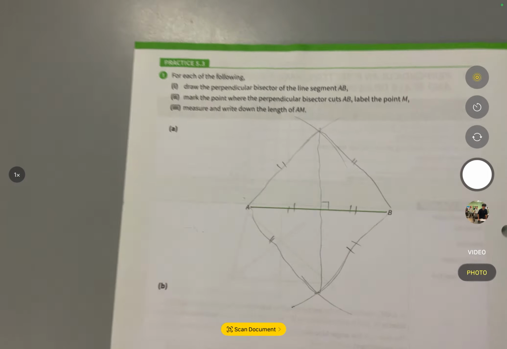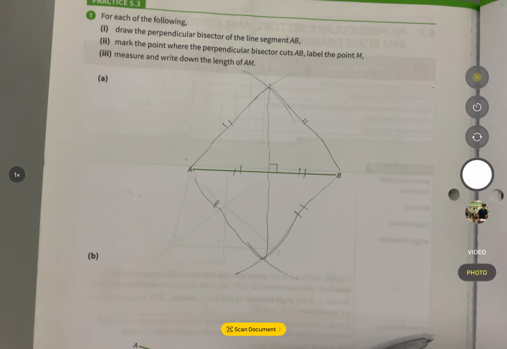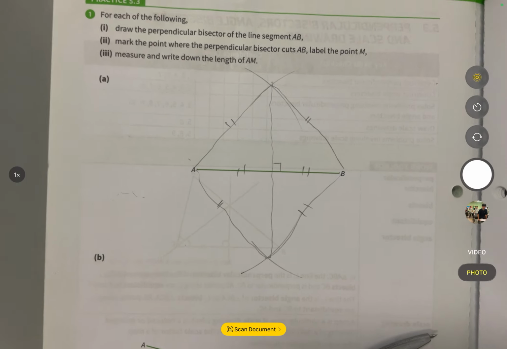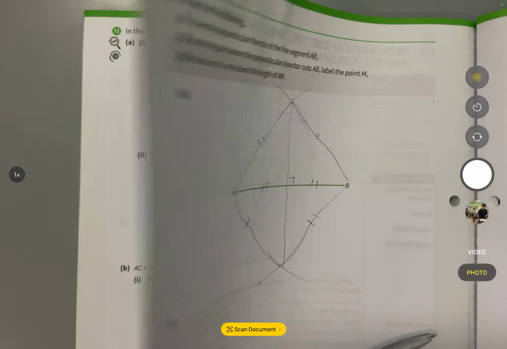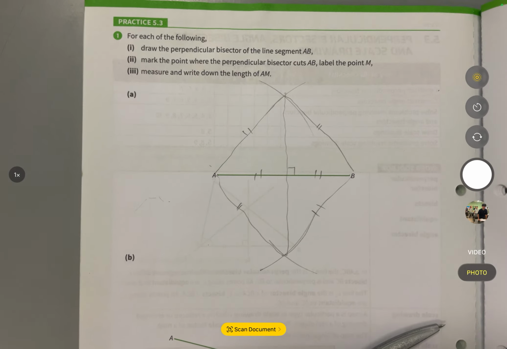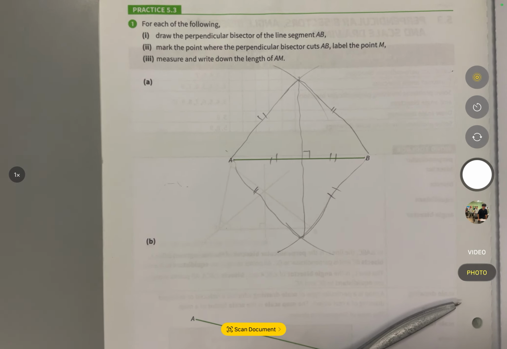Okay? So on a straight line, you want to divide it into 2. On a straight line, the 2 special points are the ends. That's why you put the center at the 2 ends. Then you draw the arc above and below, draw the arc above and below. Then join the 2 points. Okay?